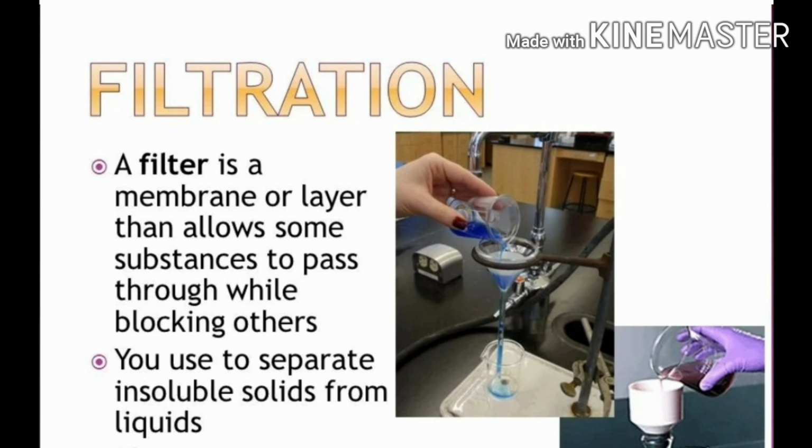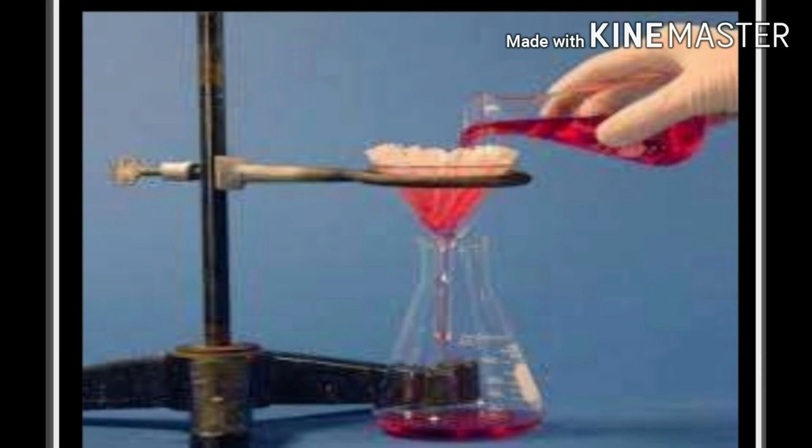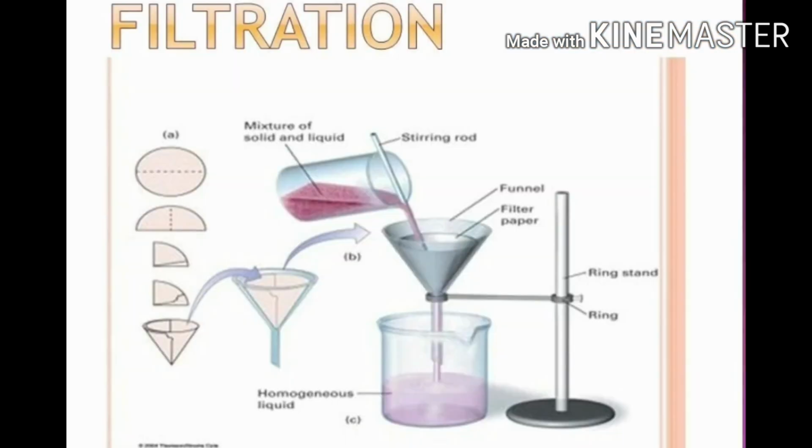These larger particles are blocked and separated above this filter paper, and the liquid moves down below. As you can see here in the picture, this colored particle liquid, suppose the chalk powder is mixed in it, so the chalk powder will be collected above the filter paper and the water will move down.